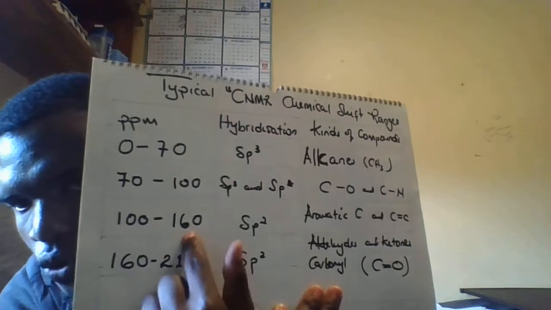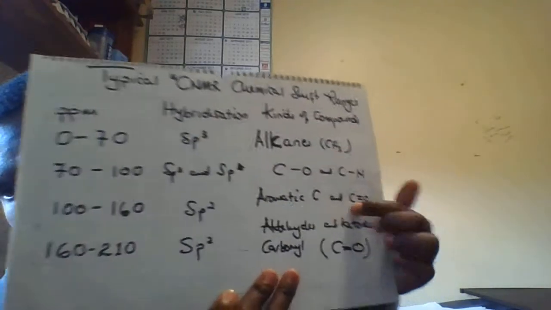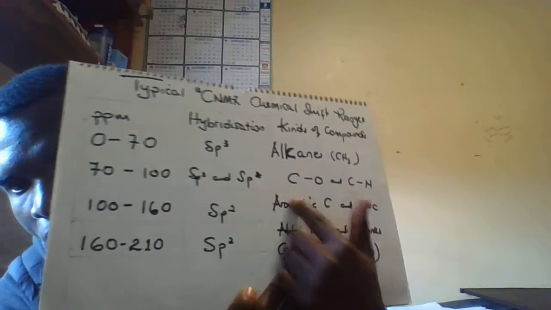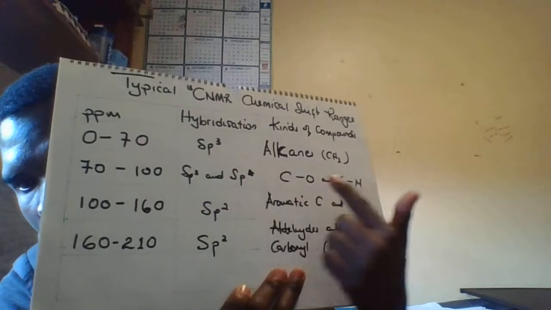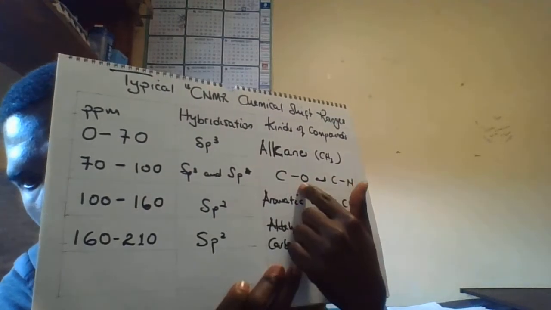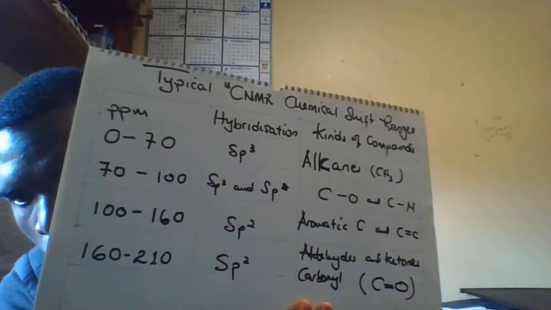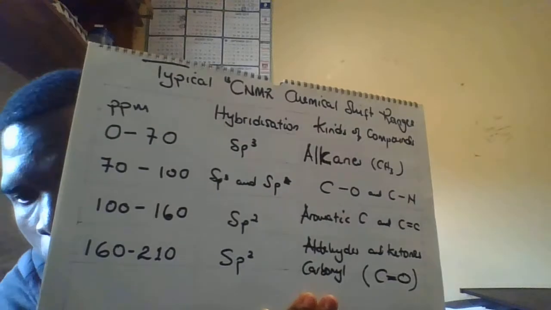So 100 to 120 is sp2, which can actually be either an alkene or an aromatic carbon. Then for this one, it's either a CO or a CN. In this case, we cannot talk of a CO because we don't have oxygen in our structure, but a CN is possible.